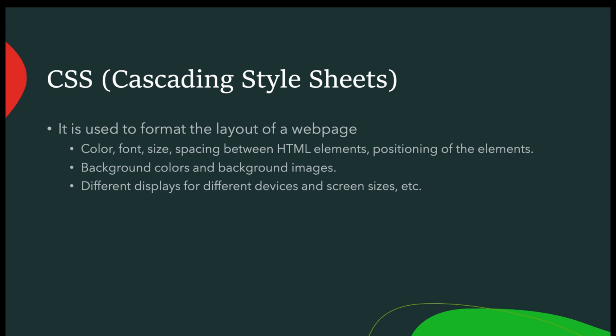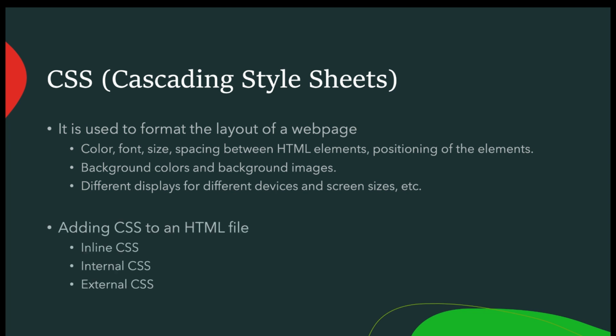Let's say you want to add a watermark to your web page. And also, for different devices, if this website was being shown on a phone, then use this layout. If it was shown on a computer, then use this layout, and stuff like that. So this is everything that CSS can be used for.